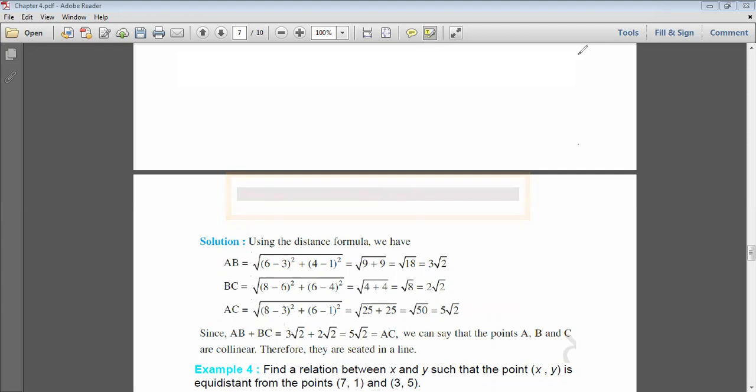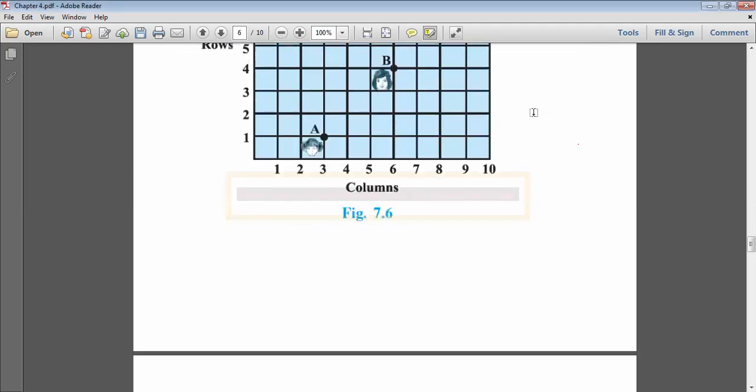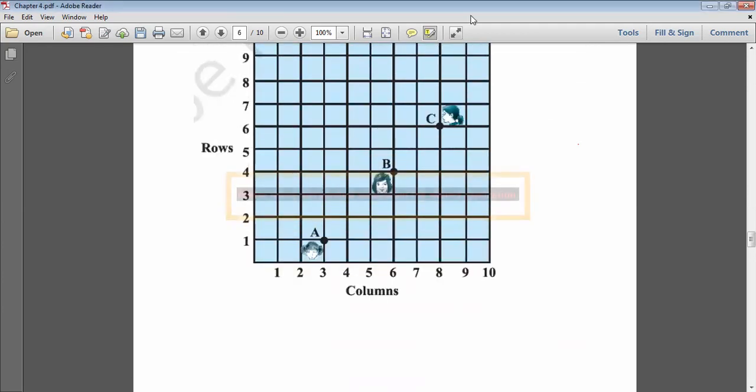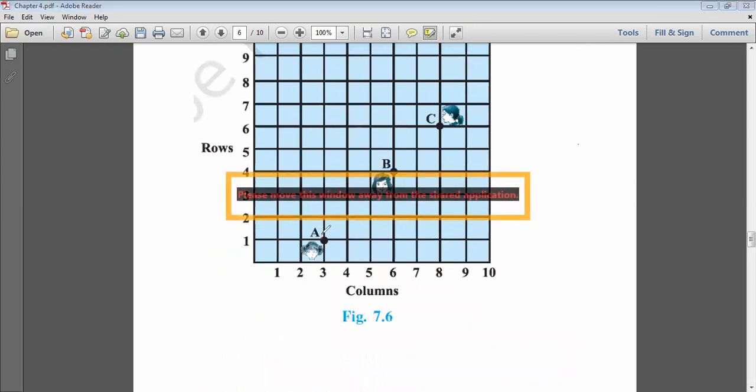See what we have actually done here. This distance AB we have found, then BC we have found, then we are adding these two distances. AB plus BC, and we have found that it is equal to AC, which means all these points are lying in a straight line.